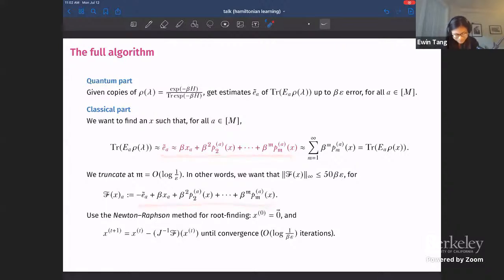So we want the difference to be small. And then this is just a problem of finding zeros, or roots. So we just use a root finding method, Newton's method, which is an optimization method that gives you the right answer in log 1 over beta epsilon iterations.